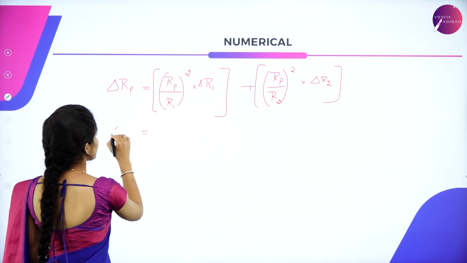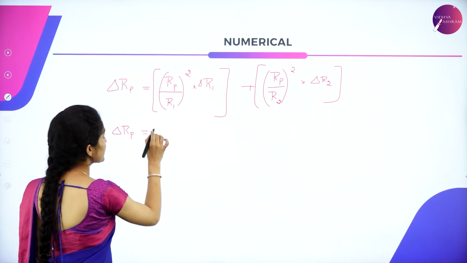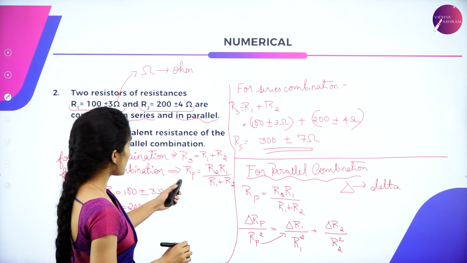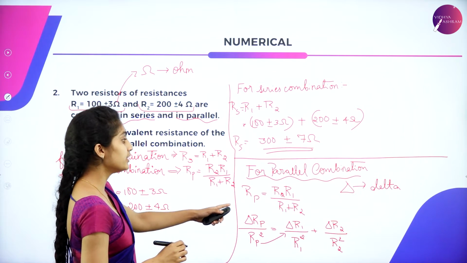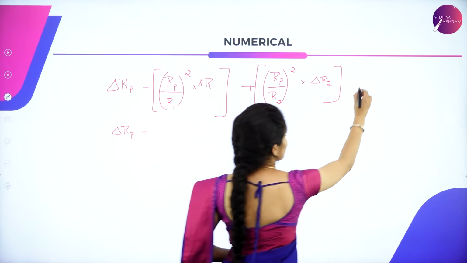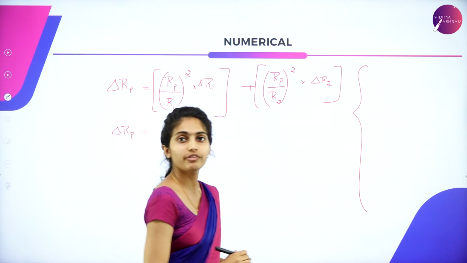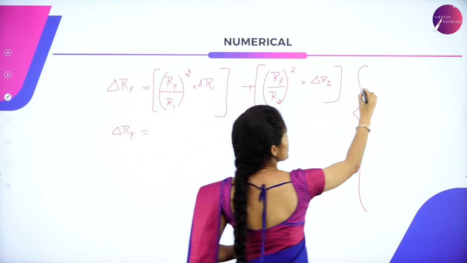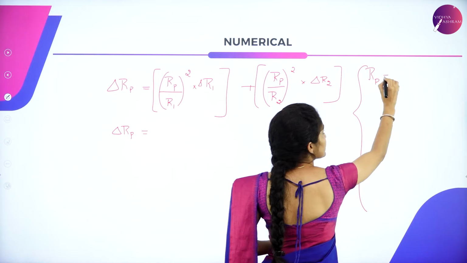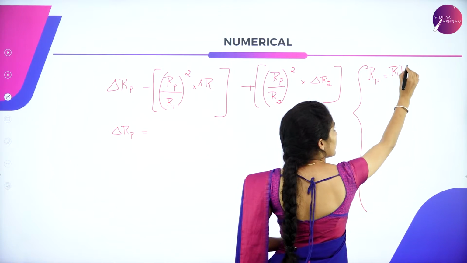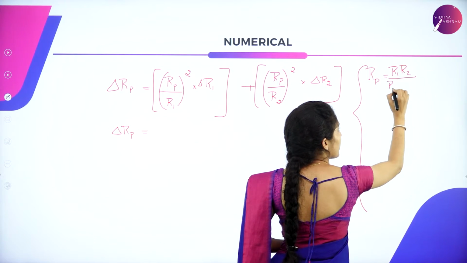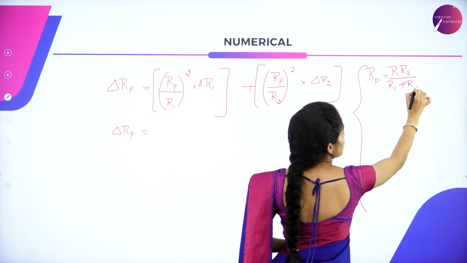So delta Rp is equal to, and what is this Rp? It is the equivalent resistance of the parallel combination, that is R1 R2 divided by R1 plus R2.